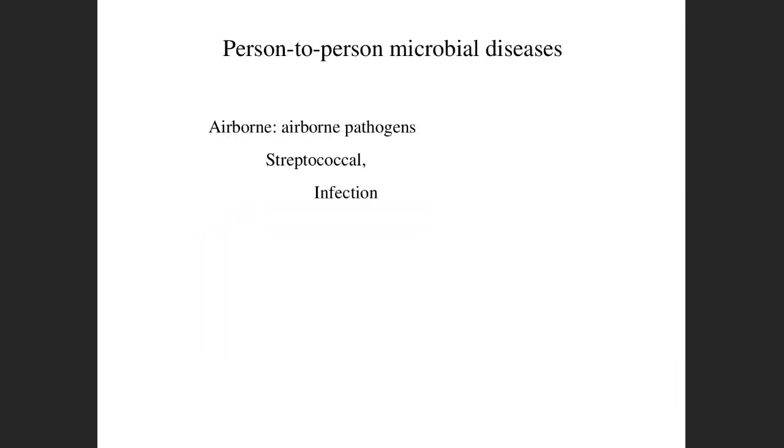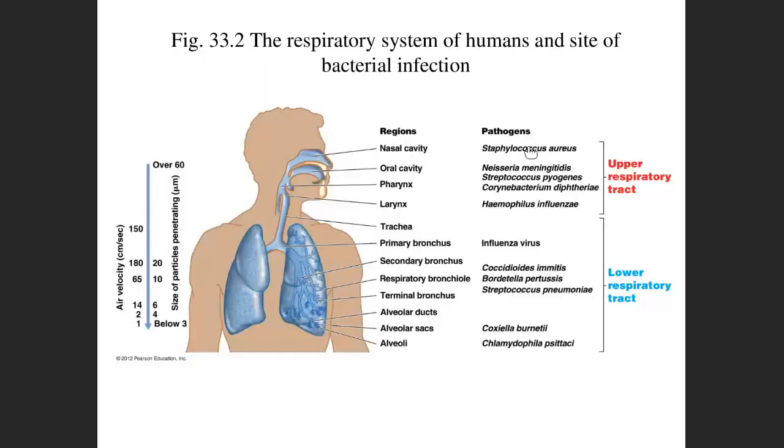So these are the pathogens that can cause infections. Famously, Staphylococcus aureus can cause upper respiratory infection, and Streptococcus pneumoniae can cause lower respiratory tract infection.